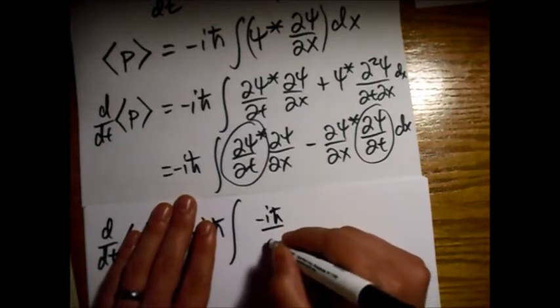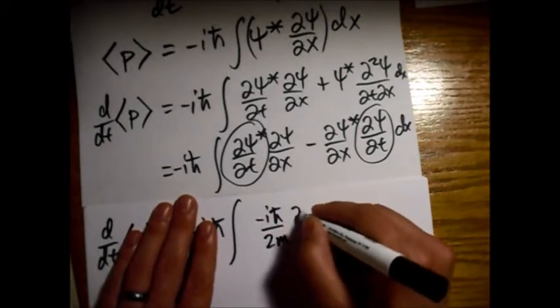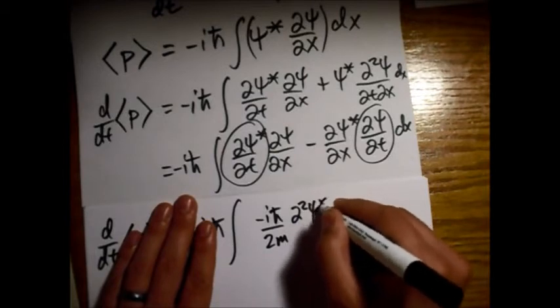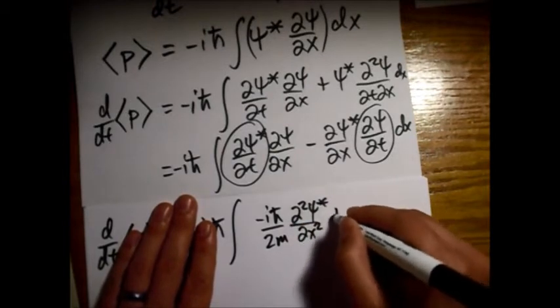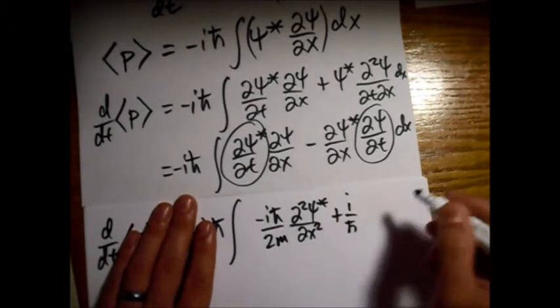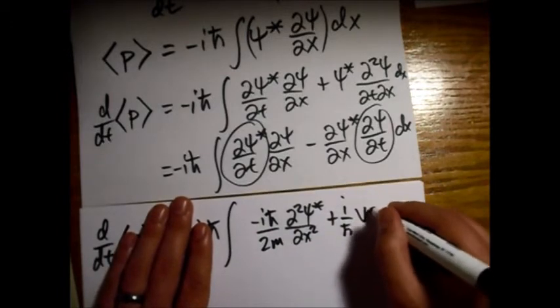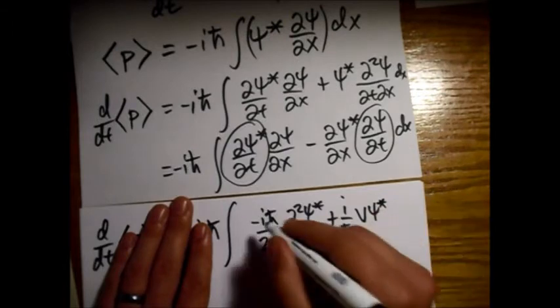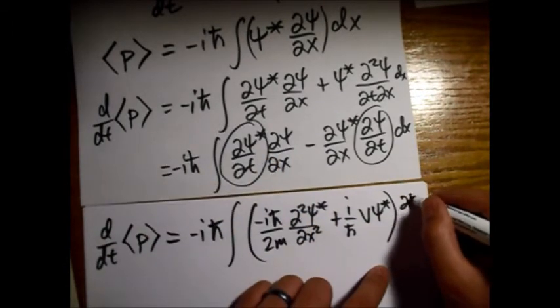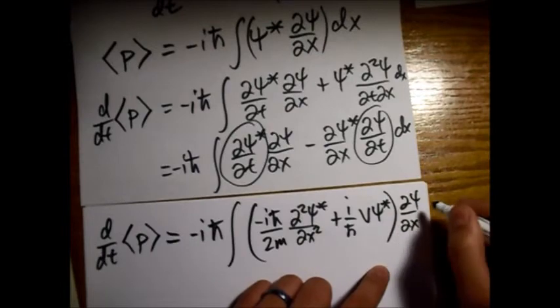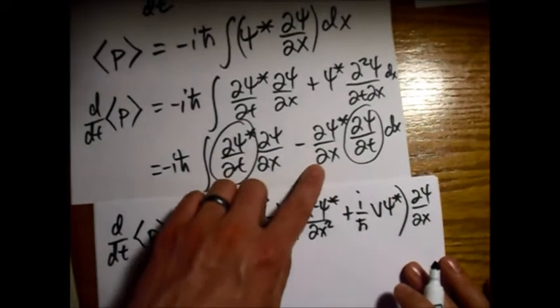Minus h bar over 2m, second derivative of the conjugate wave function plus i over h bar times V times the conjugate wave function. All right, and then we still have this derivative here. That. All right, now we'll move to the next one.